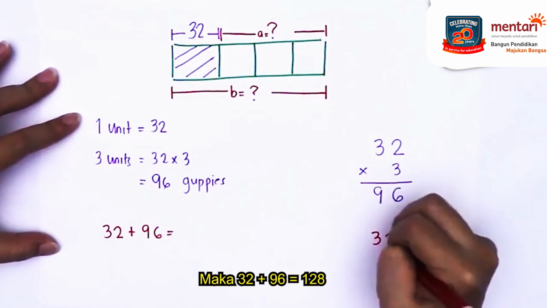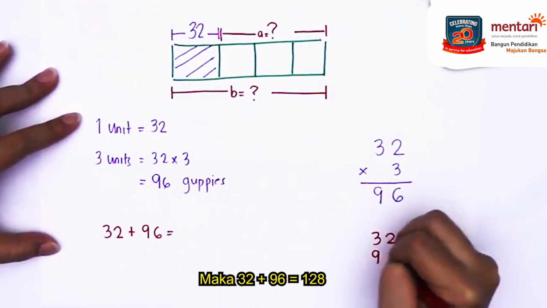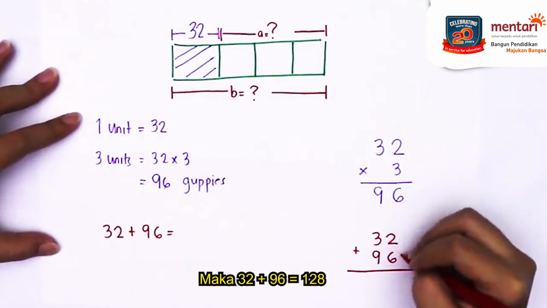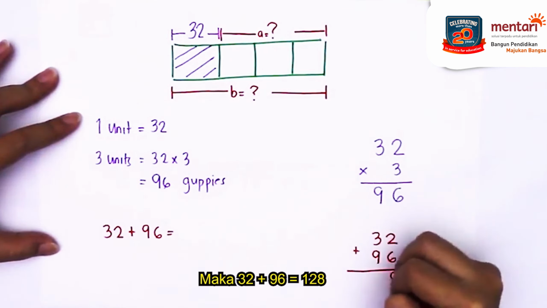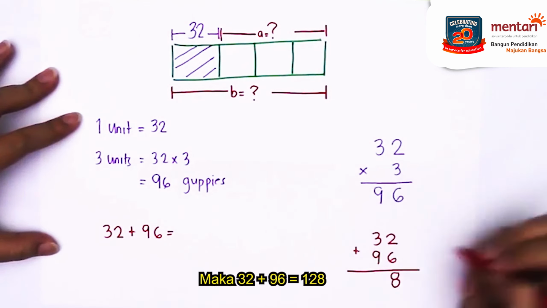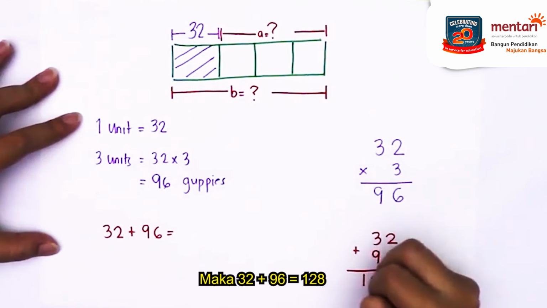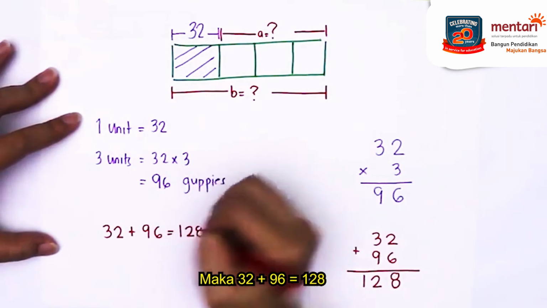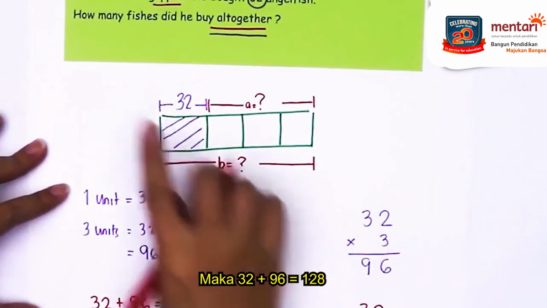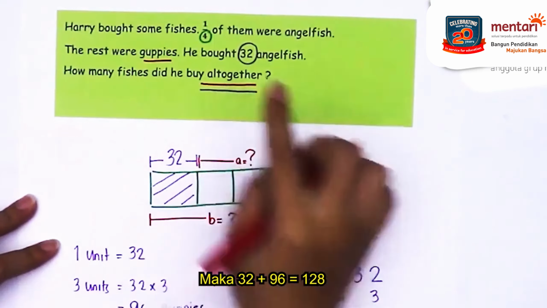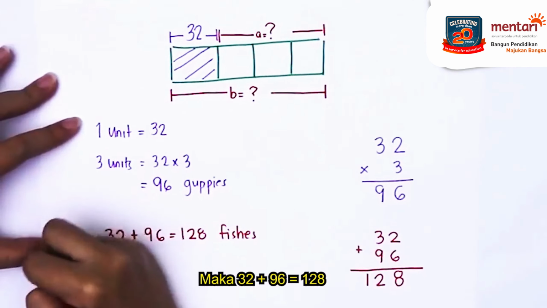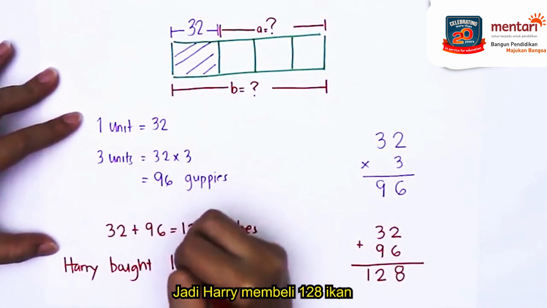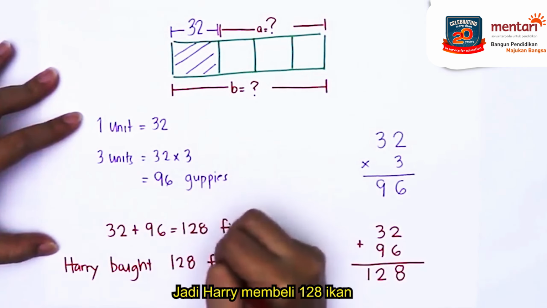Like a while ago, you can always do your working on the side. 2 ones plus 6 ones, 3 tens plus 9 tens. Therefore, 128 fishes. So, how many fishes did he buy altogether? Harry bought 128 fishes.